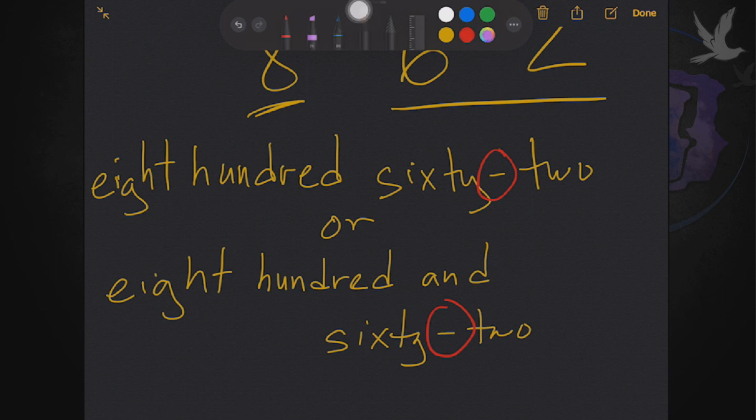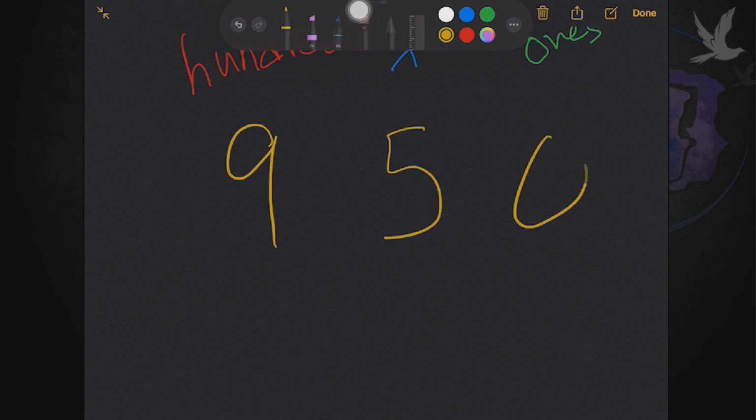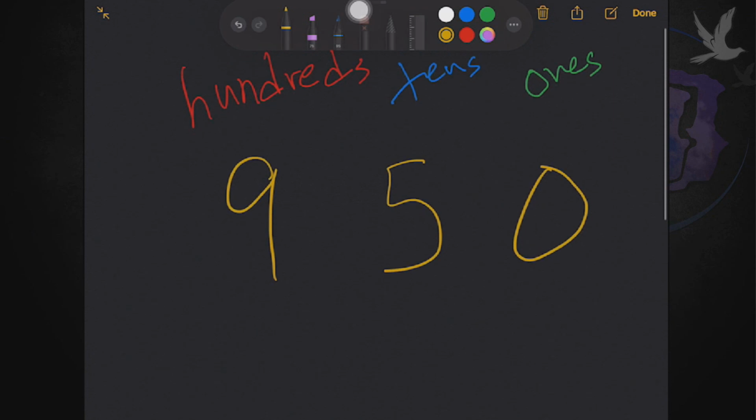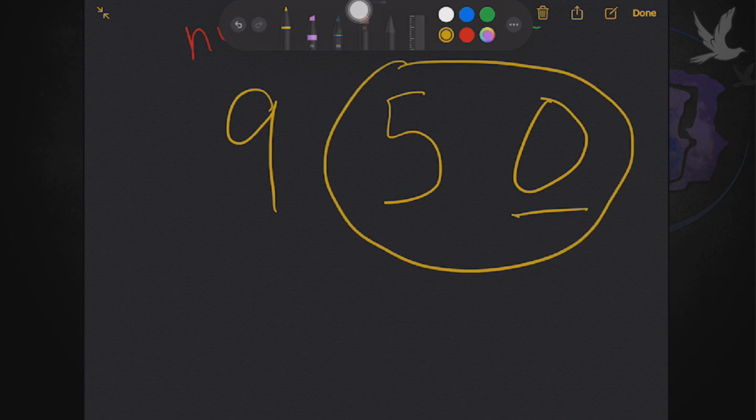Let's try another number. Okay, so what do you notice here? Our ones has a value of 0. So you don't read this number, well, technically all you have to do is just read this number because since these are our best friends, you read this number as fifty alone. Let me rewrite that.